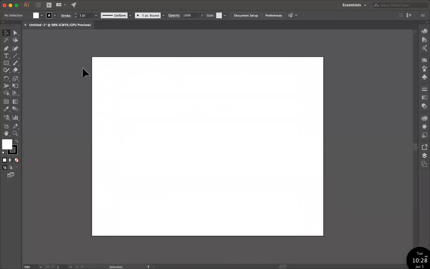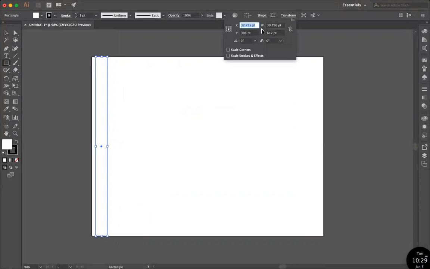Okay, so for example, let's take this rectangle here. And let's set it to, I want this to be in inches.